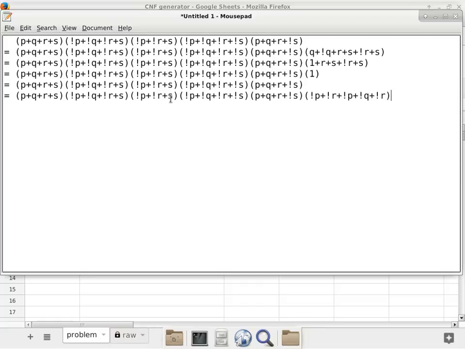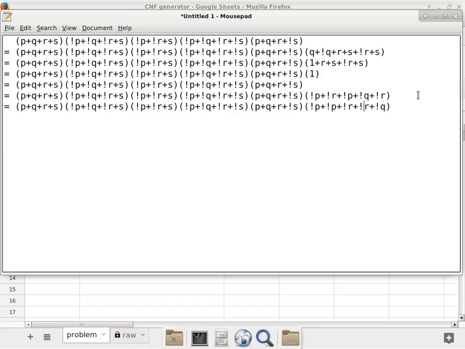Now you can see that the non-negated S here and the negated S here are gone, because that's the resolving term. So we have this left. That's the first line, and I can do some manipulation here. Now this one is not useless. Let me move it over here, and then we have this one, and we can put it next to here.